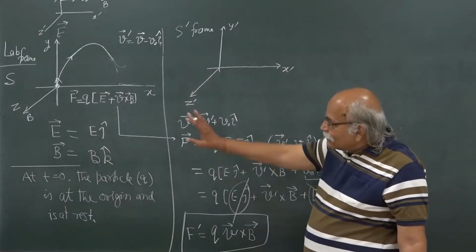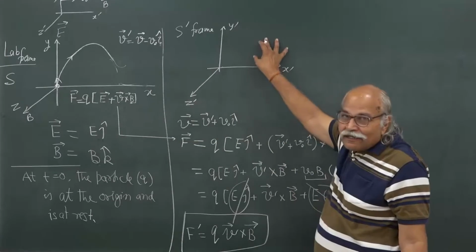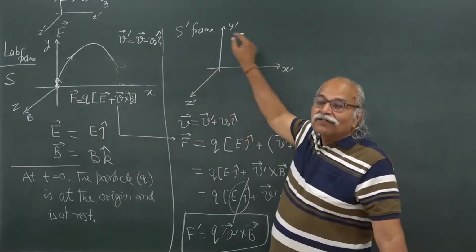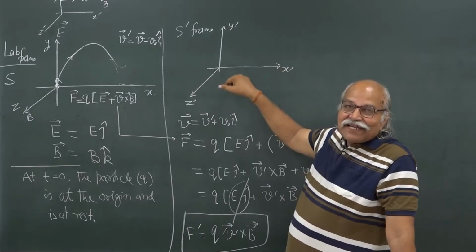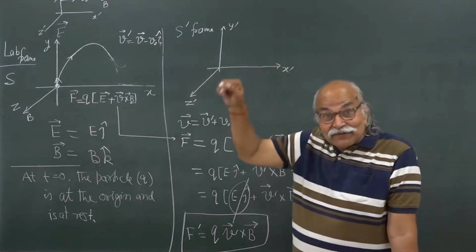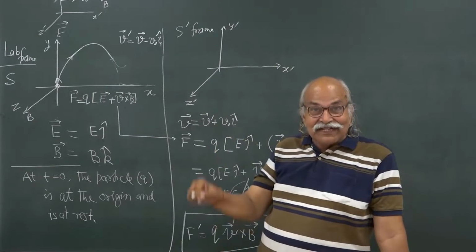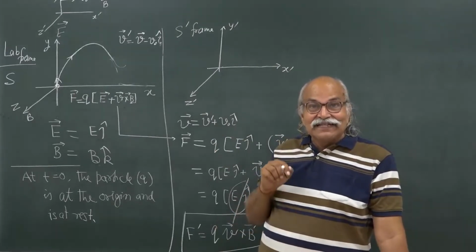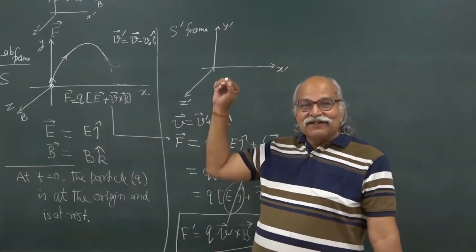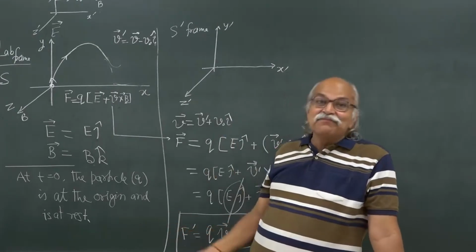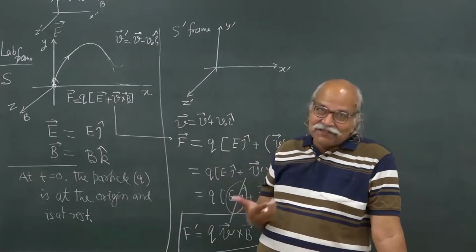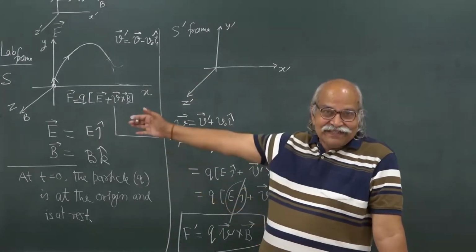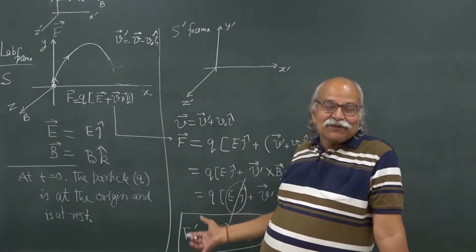So that magnetic field is imported here, but the electric field is not. The electric field becomes 0 in S prime. In S there was an electric field, but in S prime it is 0. There was a magnetic field in S, and the same magnetic field is here in S prime, but the electric field is not the same. It is E here and it is 0 here.